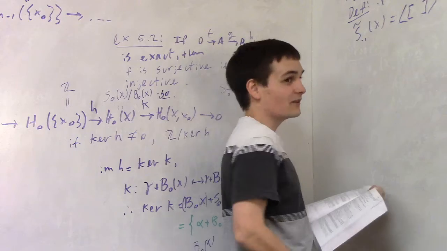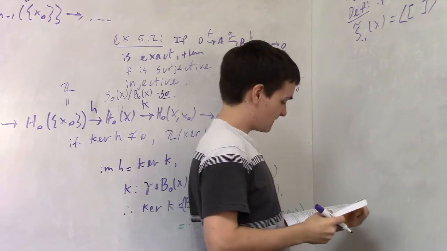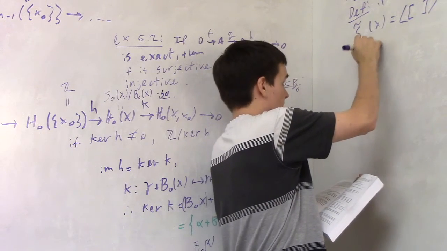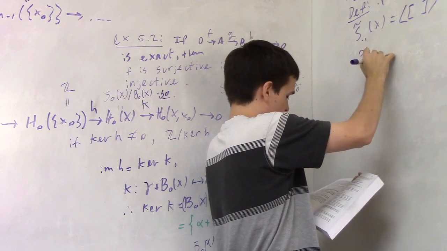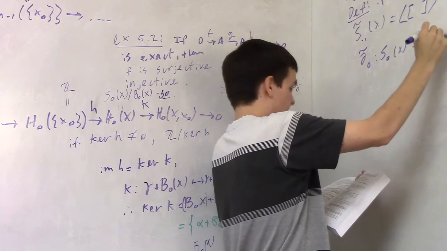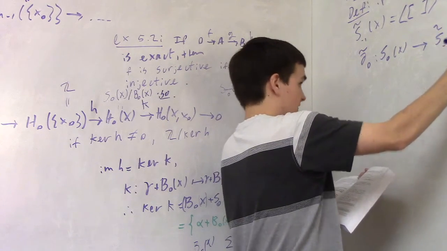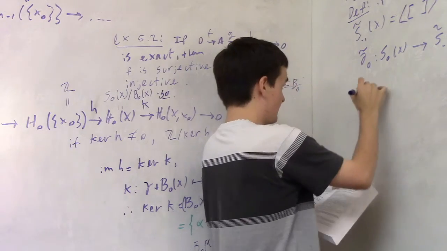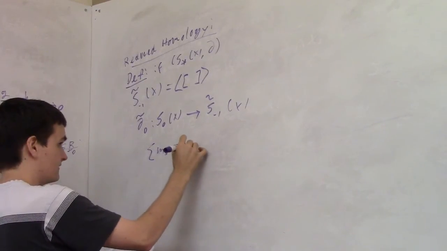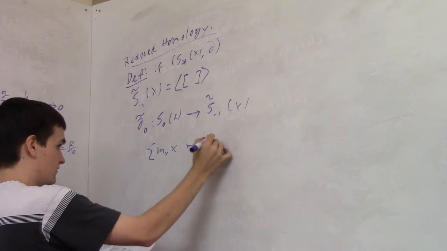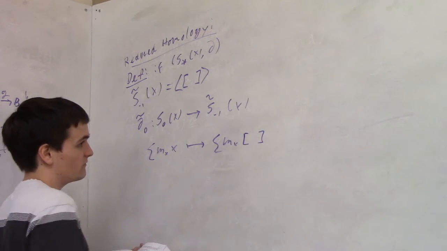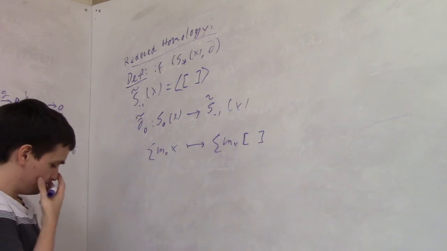Which is kind of weird, but let's roll with it. So then they define partial squiggle knot from S naught of X to S squiggle negative 1 of X, essentially by mapping n chains to just the sum over their coefficients times this weird bracket generator symbol.